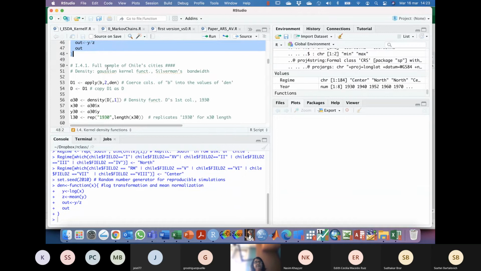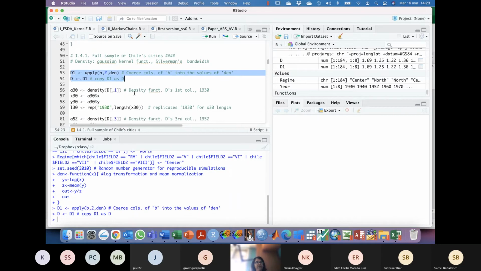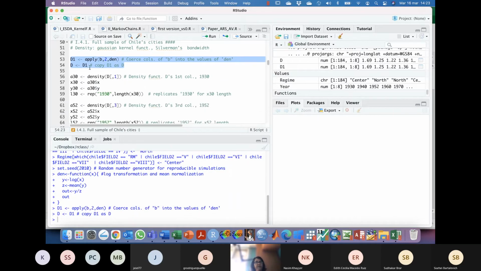Well, first, for the full sample of Chilean cities, what I do is create this D that corresponds to the whole sample, and apply coerce to the columns of B into the values of the density.